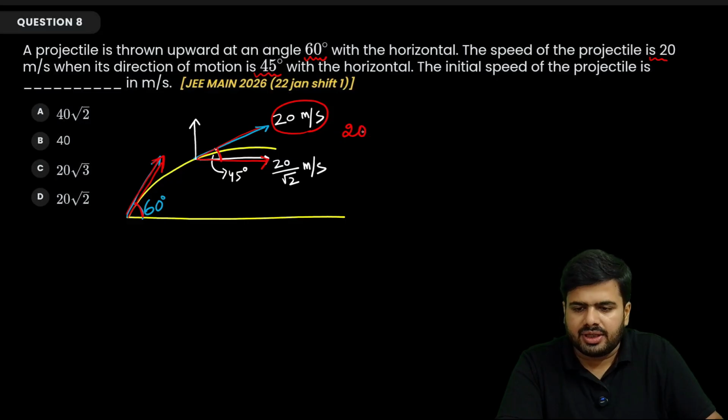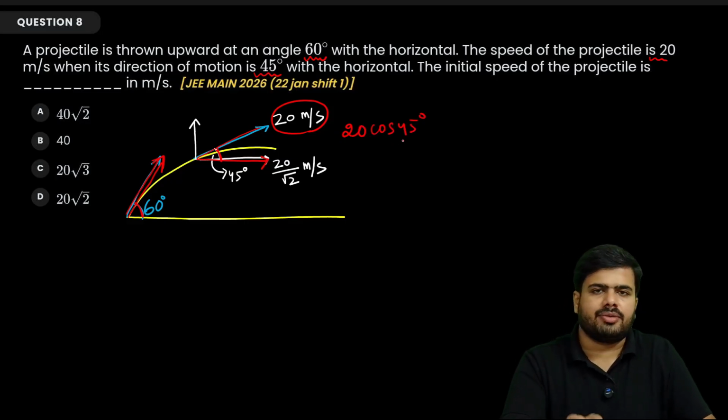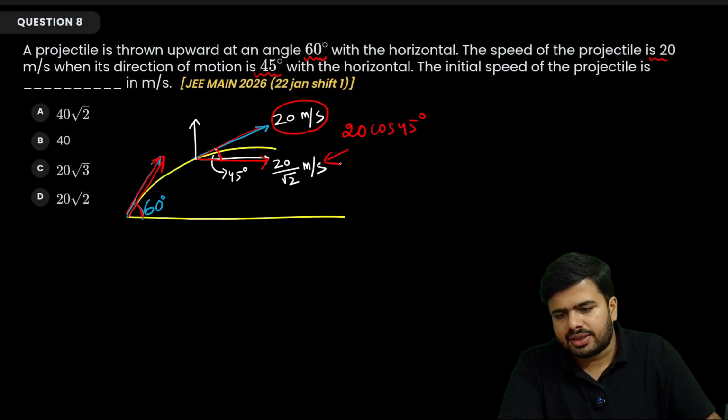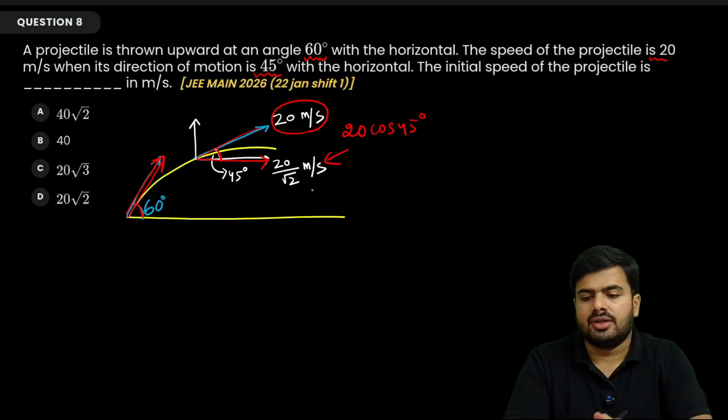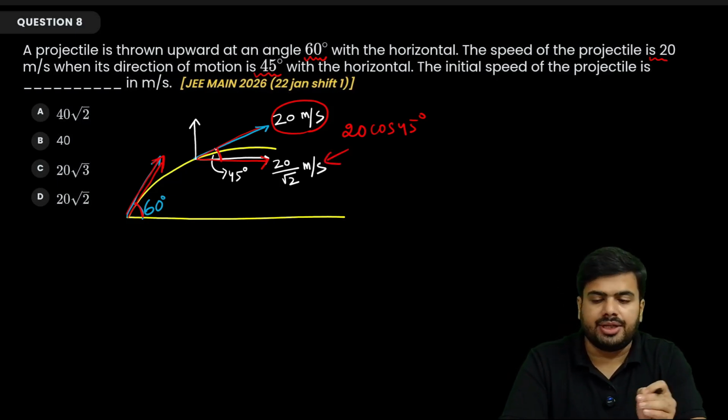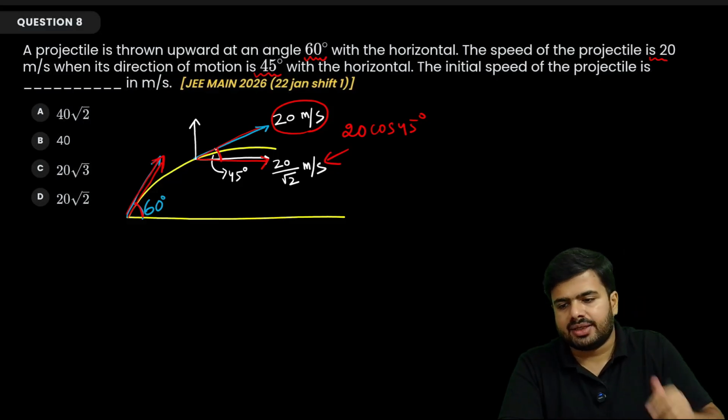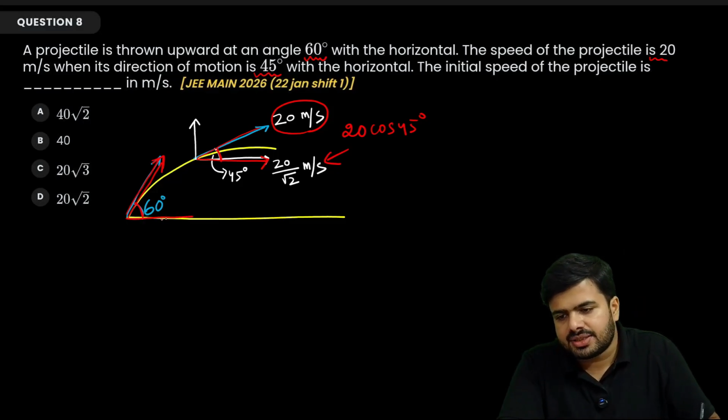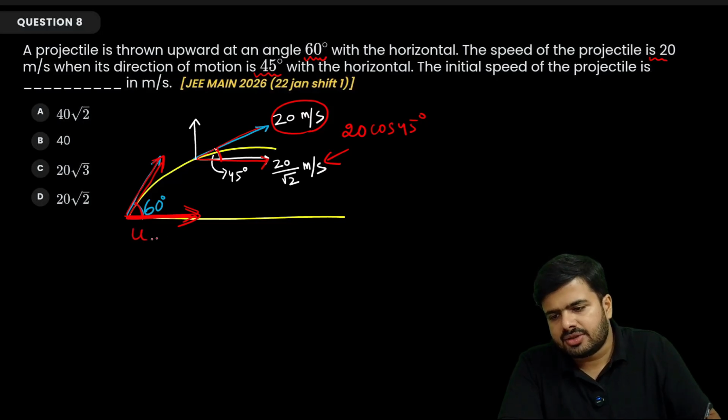We all know that we can write 20 cos 45, which is 20 by root 2. So this is the horizontal component of velocity at this moment. Initially, the horizontal component is u cos 60.